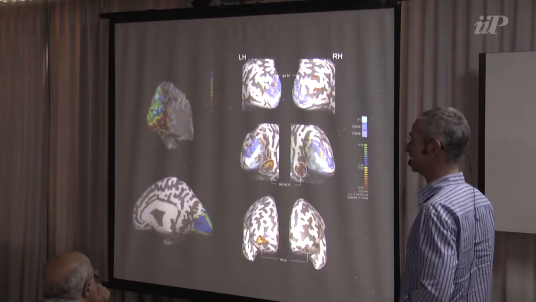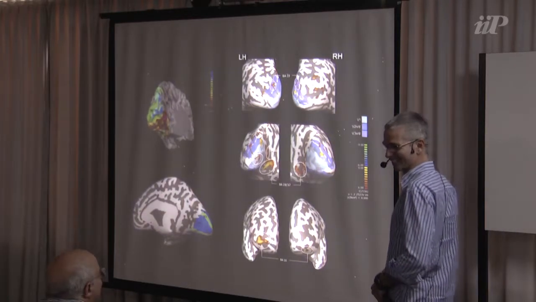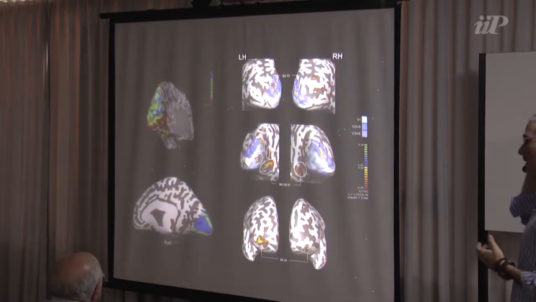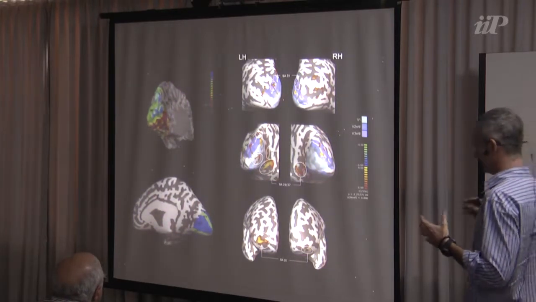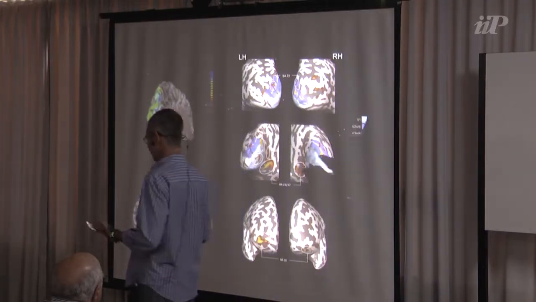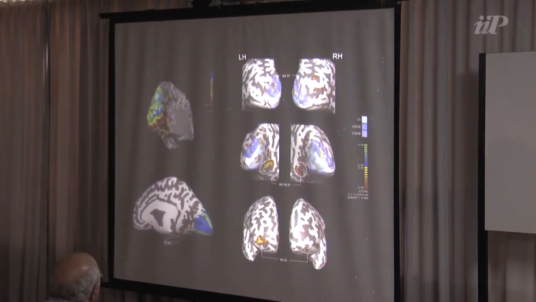Basically, this is what we call a conjunction analysis, meaning that we are trying to exclude effects that are not related to the conjunction between the tea intake and the visual mental imagery task.